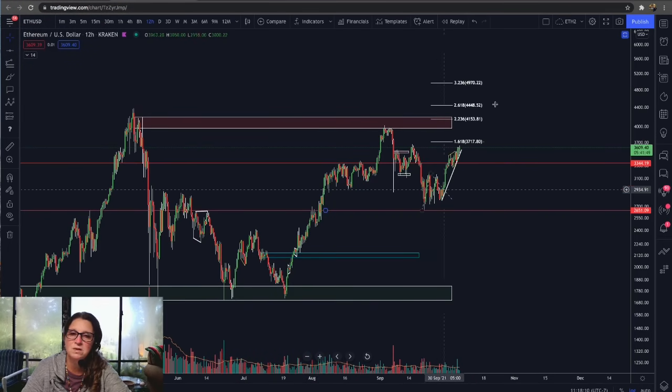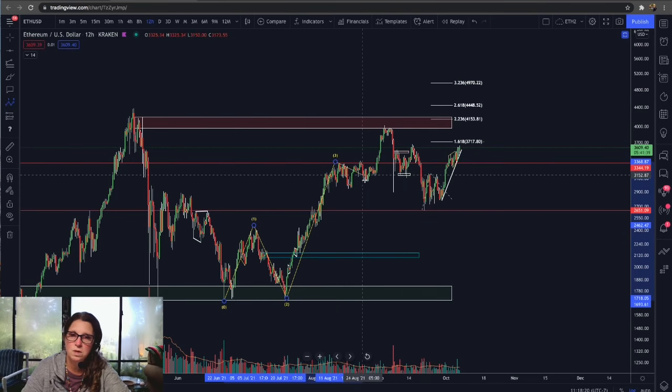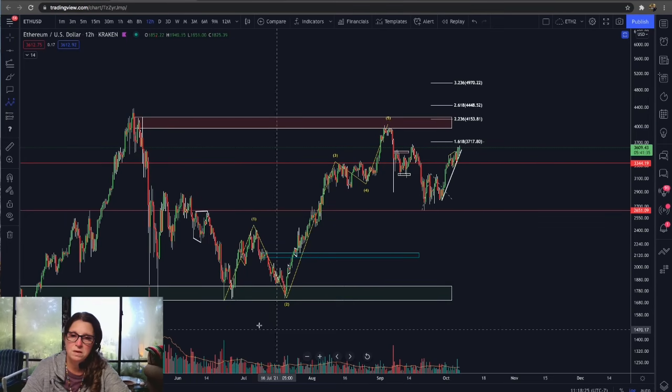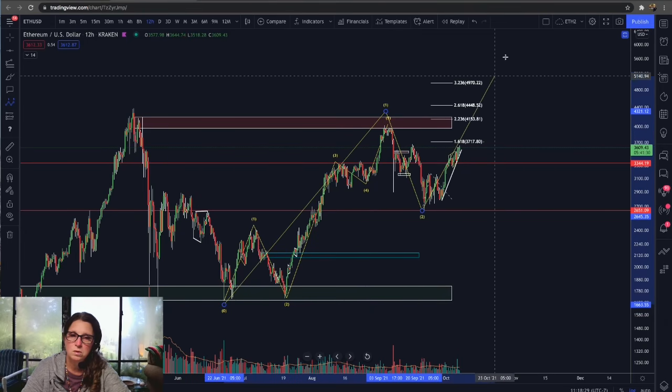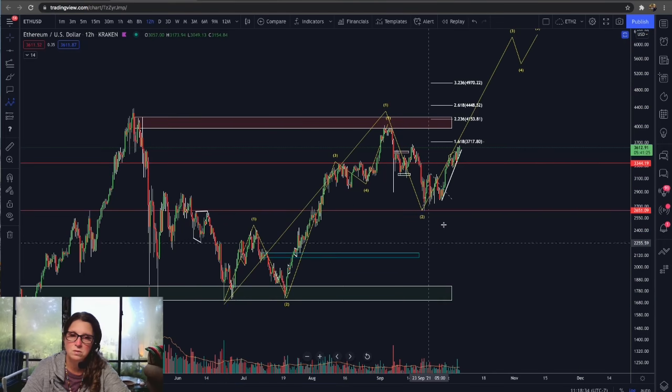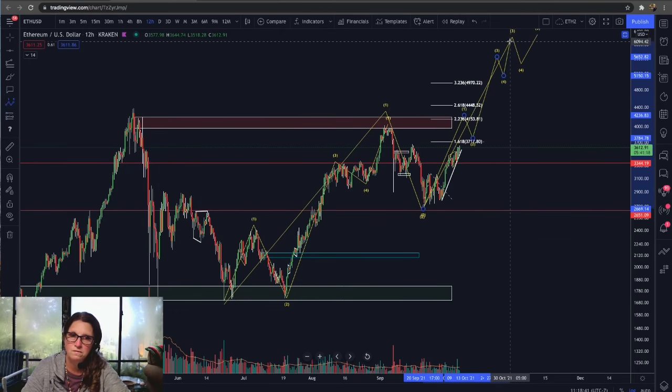Okay, it's going to invalidate Mega Bull, where this is a 1, 2, 3, 4, 5, making this all a 1, 2, Mega Bull goes 3, 4, 5, and then this inner count would be 1, 2, 3, 4, 5. Okay, we can't break this low.